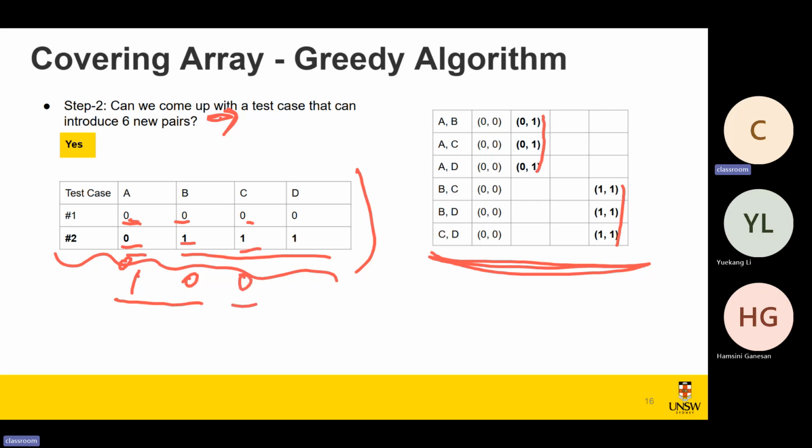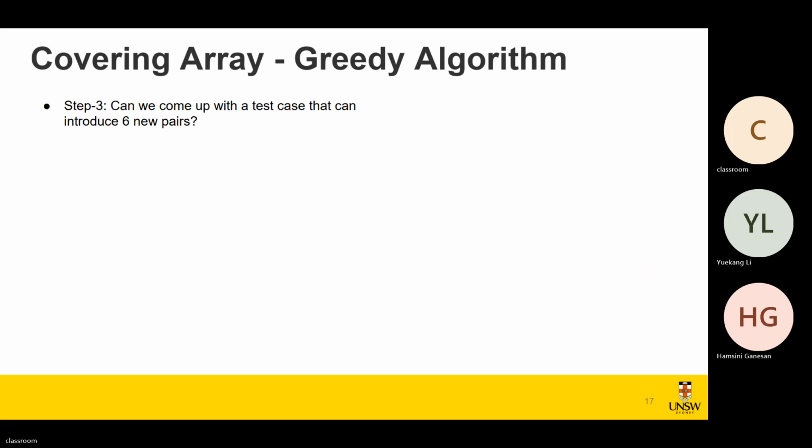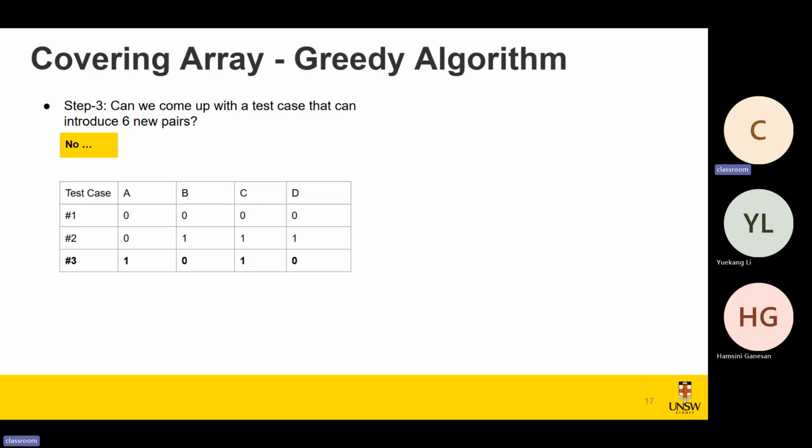And so on. So we can break down the problem of checking whether we can find the optimal test case. And the short answer at this step is actually no. We can't find such a test case.